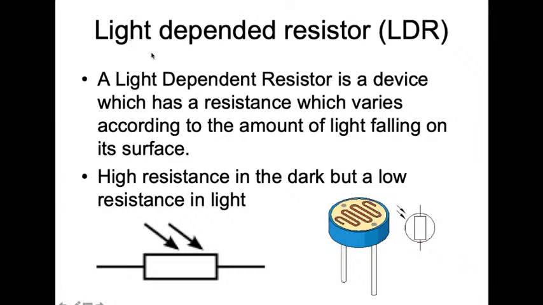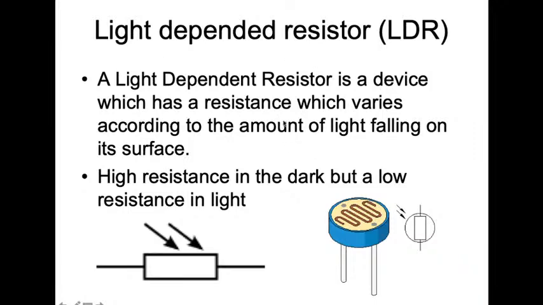Light dependent resistors. So I don't know if any of you have little lights set up in your garden that go on when it's dark, but anything that turns off or on, or even some night lights in your house that only go on when it's dark, those are all powered using these light dependent resistors.